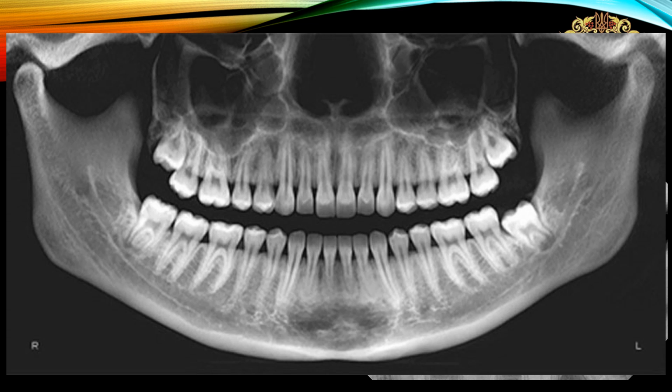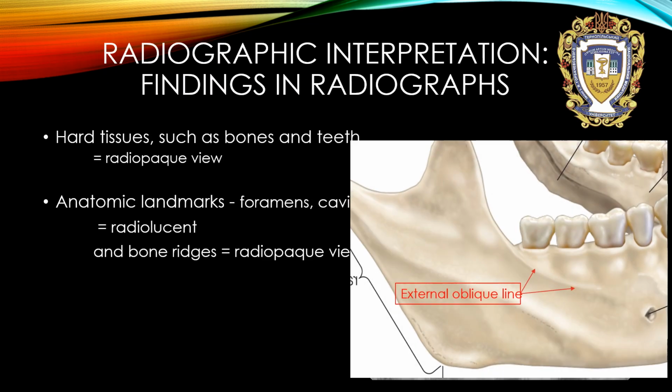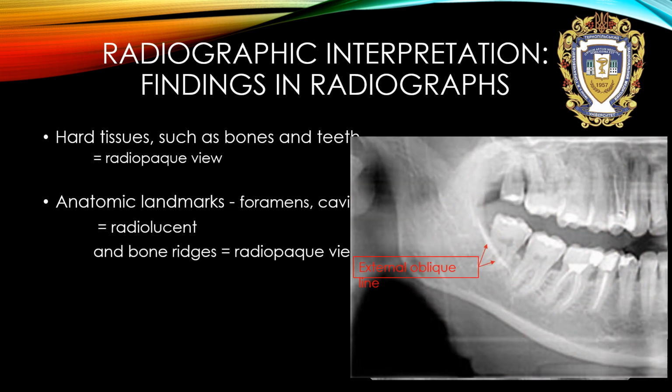Why? Because bone is more thick. Like here, it is an anatomical structure, the external oblique line.